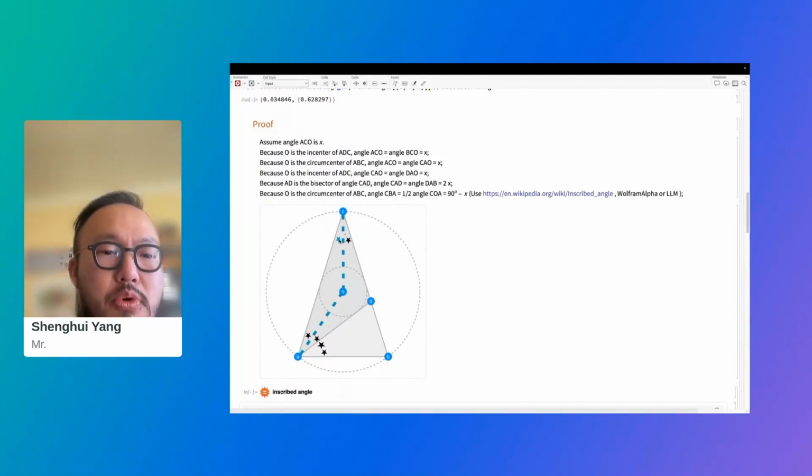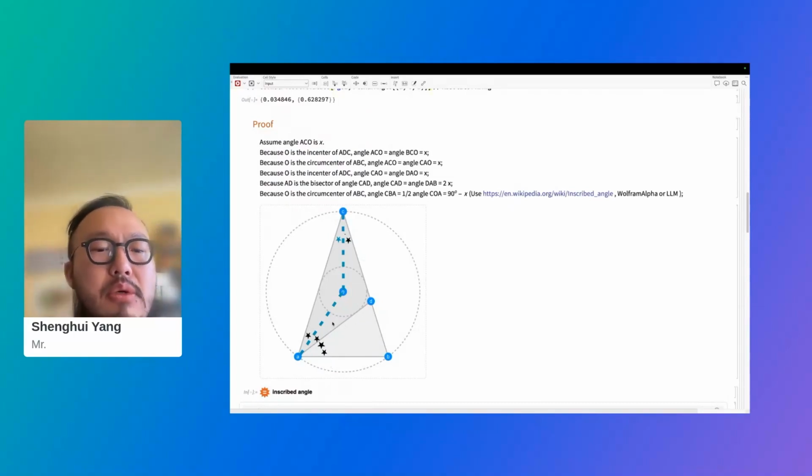So you move this star to here. And because O is the incenter of ADC, this angle reflects to this angle again, right? So DAC is 2x, basically 2 stars. And the problem also says AD is the angular bisector of CAB. So if this is 2x, then DAB is 2x.